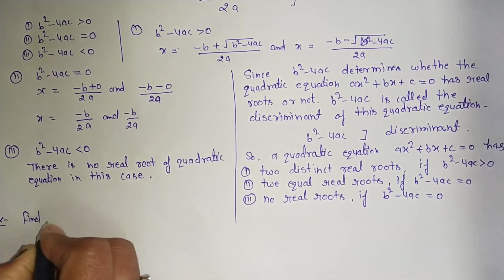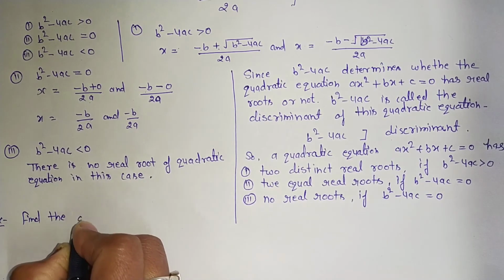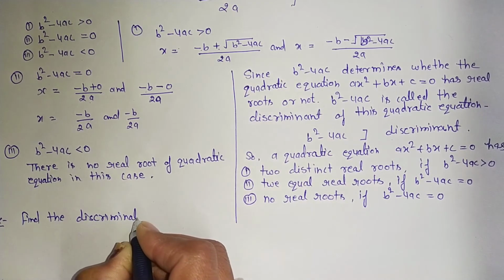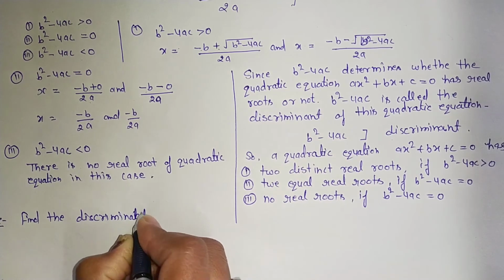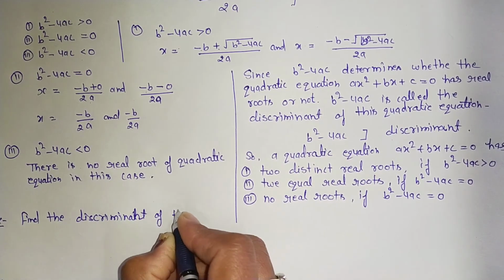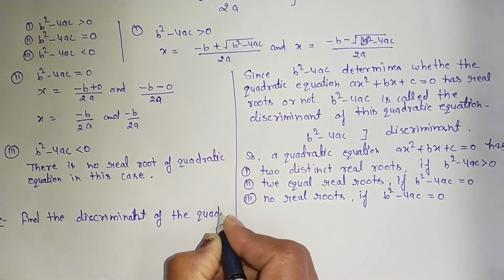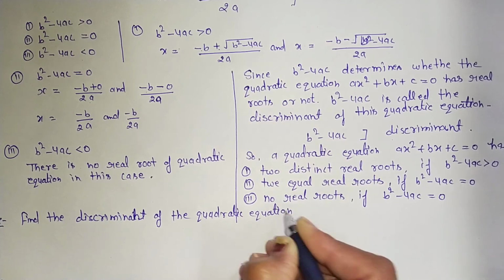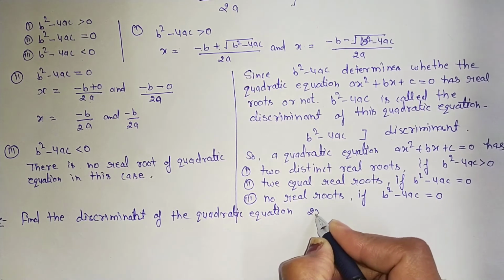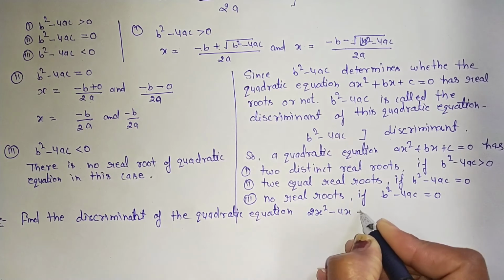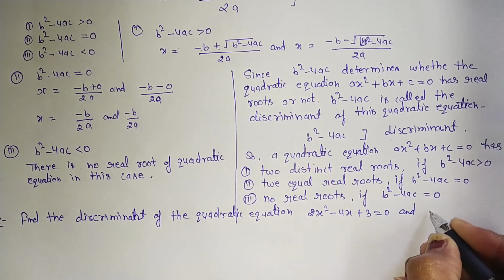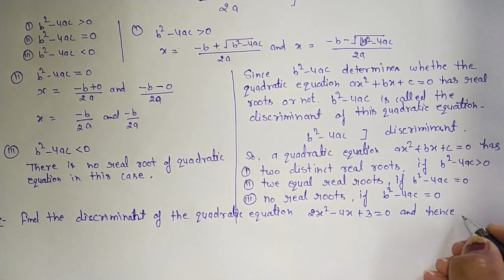Find the discriminant of the quadratic equation 2x square minus 4x plus 3 equal to 0 and hence find the nature of its roots.